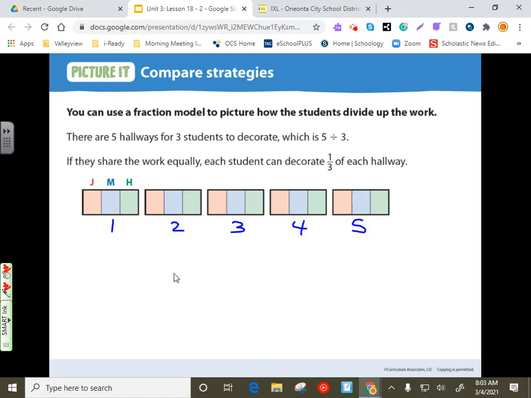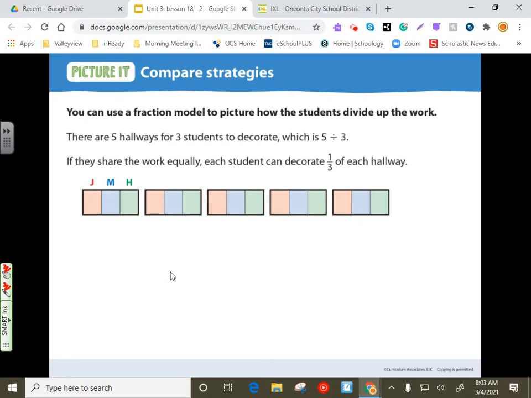Jared, let's talk about his. He gets 1/3 of each hallway. And if we add up all those thirds, we get 5/3. That shows you that connection of dividing 5 hallways between 3 kids.